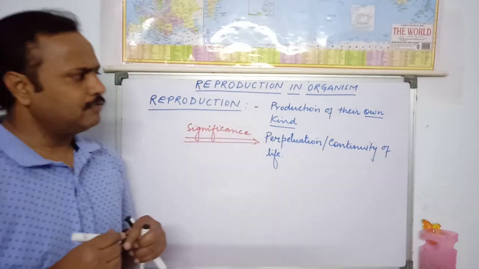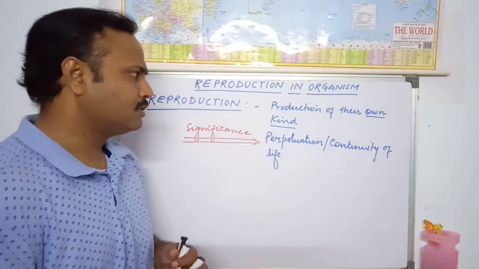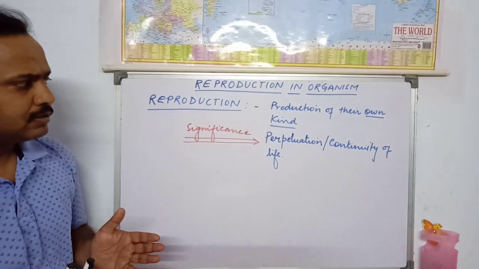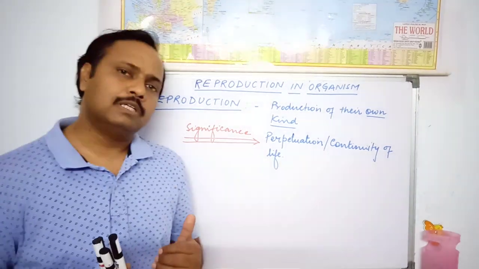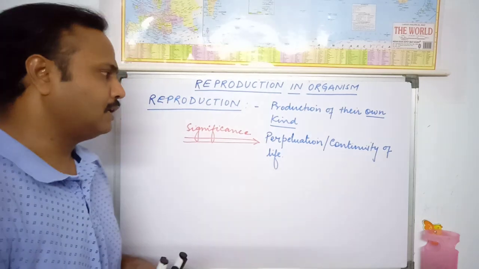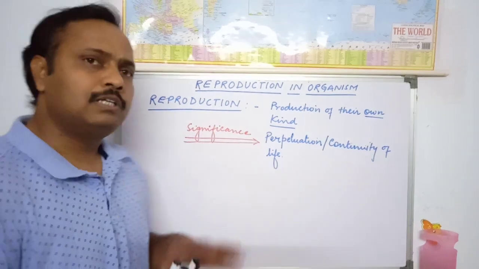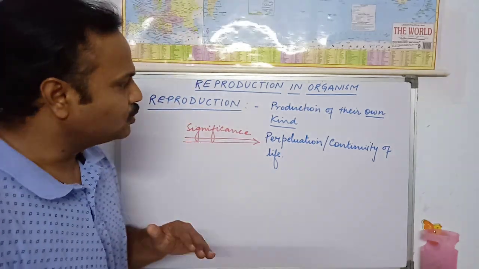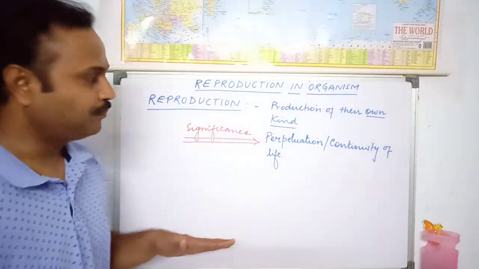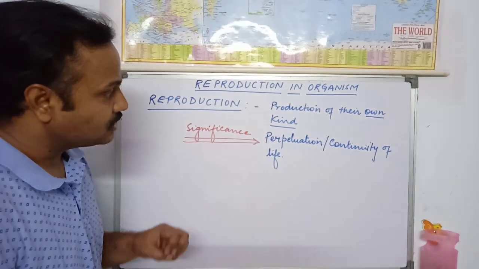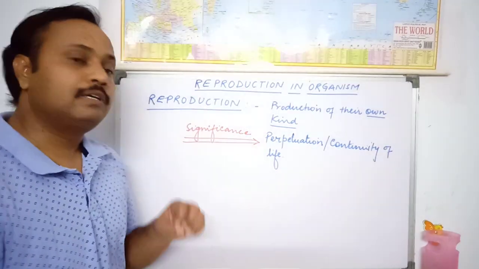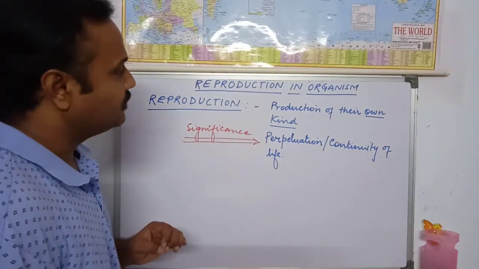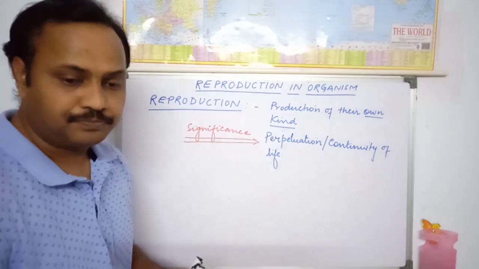Because if any species stops reproducing, that means their number slowly and gradually reduces, and at one time the species is totally extinct. So reproduction is a very, very important phenomenon in the existence of the species, right?